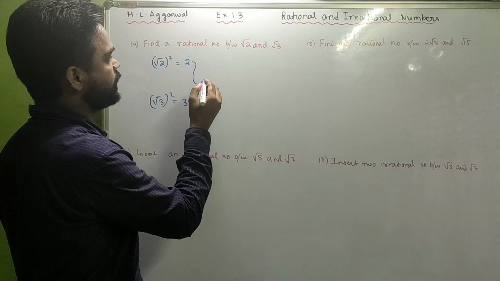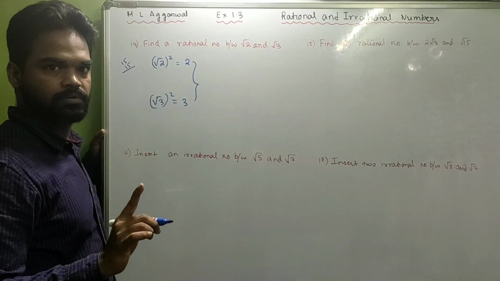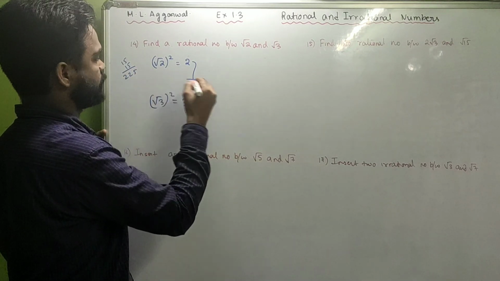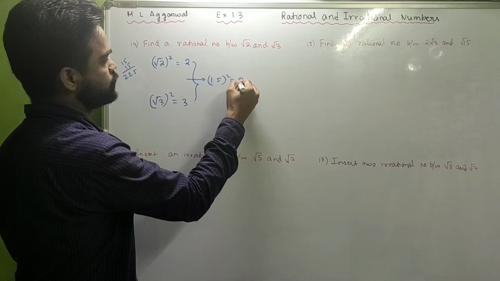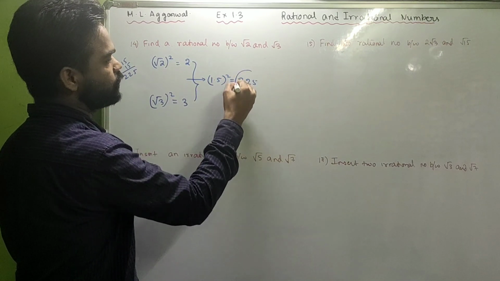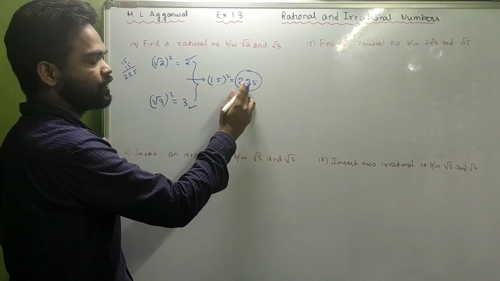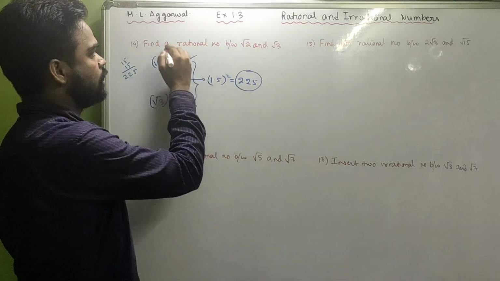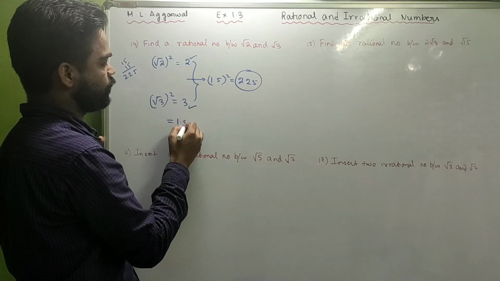Okay, talk about 15 times 15 gives you 225, which means 1.5 square is nothing but 2.25, and 2.25 lies between 2 and 3, and 2.25 is a perfect square of 1.5. So a rational number between root 2 and root 3 will be 1.5.